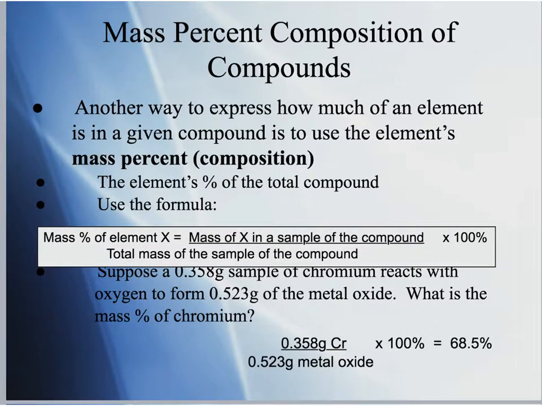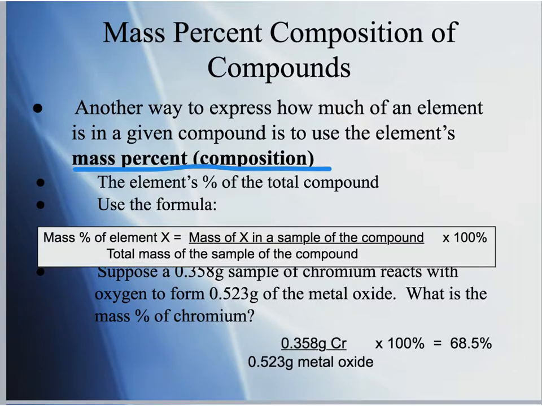All right, so that was one way that we can express how much of an element is in a given compound using the molar ratio within the compound. Here is another way to express how much of an element is in a compound, and we call this mass percent, or mass percent composition.